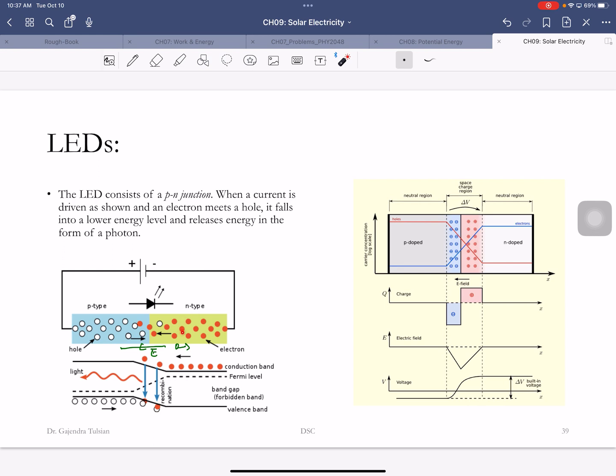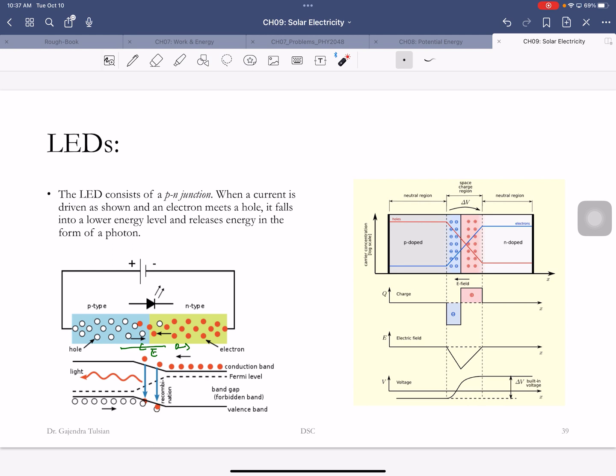There's a bunch of electrons. So if you connect a battery like that, this will force the electrons to go in that direction. The electrons are climbing a hill, and the hill is the junction. Once the electrons cross over there, they can combine with the hole and emit light, and that's the LED.